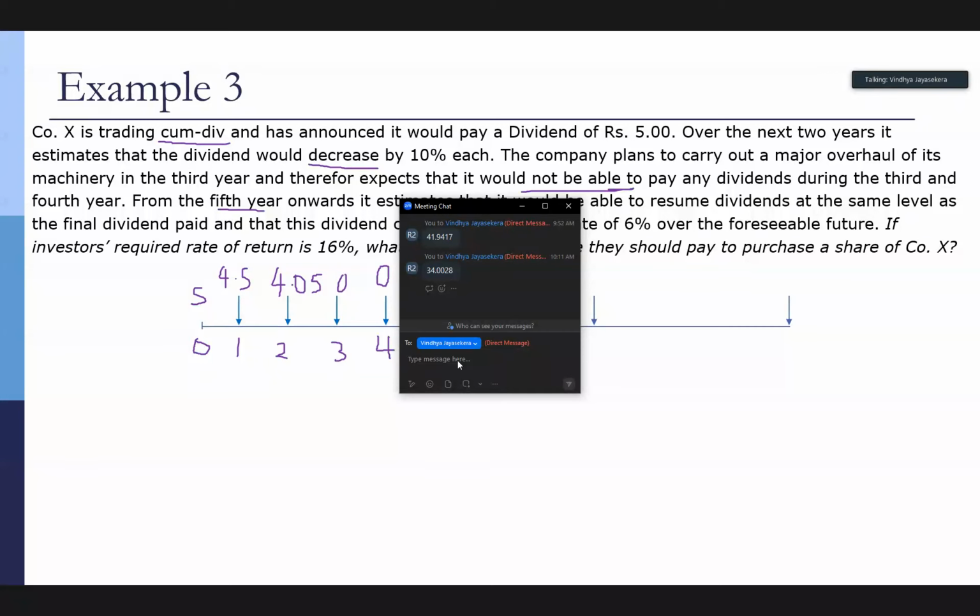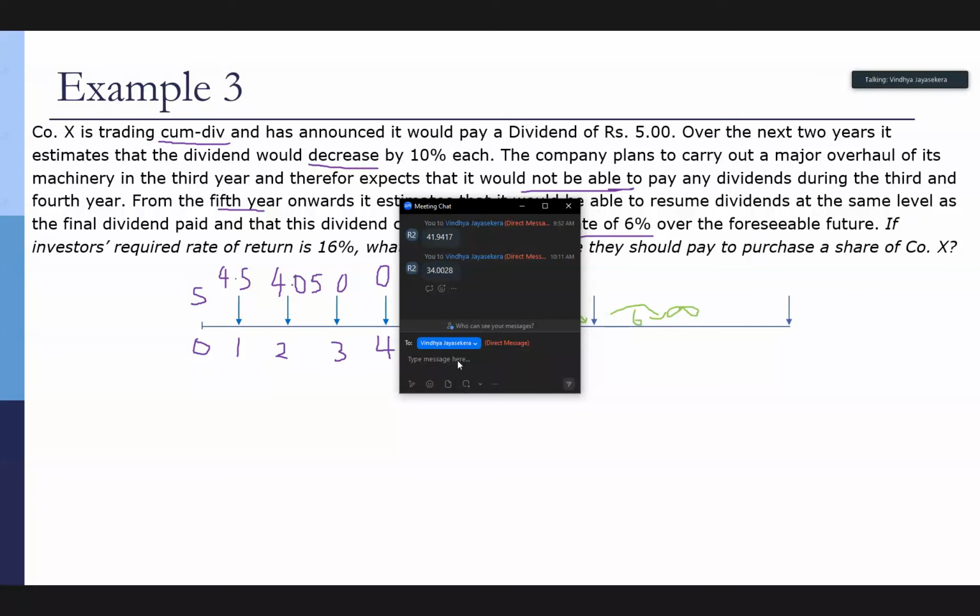And that dividend can grow at a steady rate of 6%. Steady rate, right? So again, that is your hint to say that this is the constant growth that you will see. So steady rate of 6%. Right. And it will keep on growing at 6% forever.